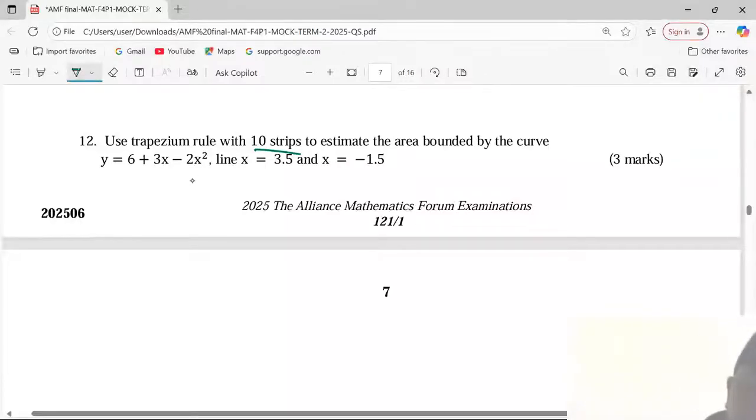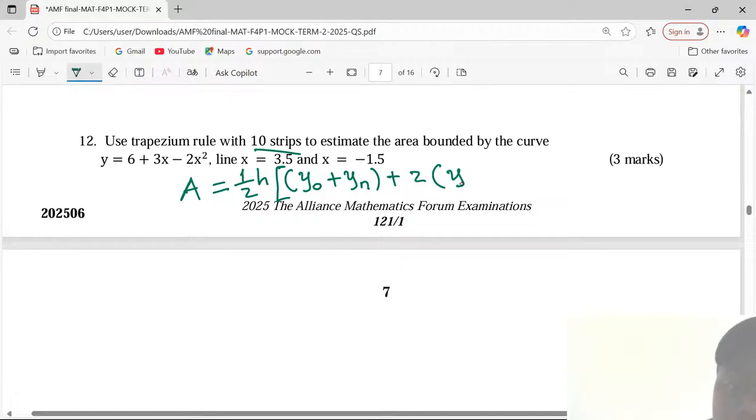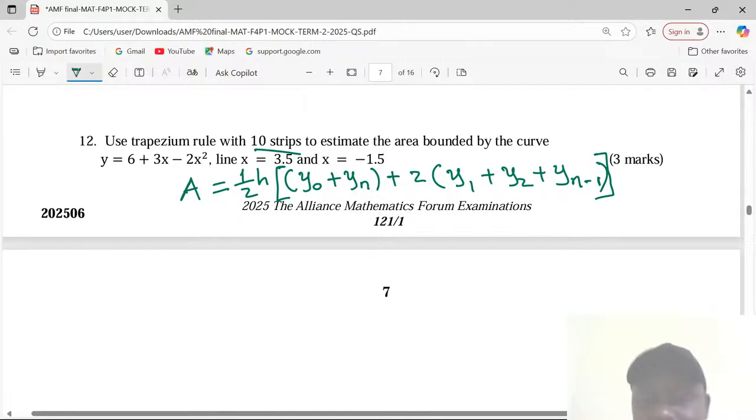One thing you're supposed to know is that the area by the trapezium rule is given by half height into the first height plus the last height, then plus 2 multiplied by all the other heights in between, up to the height just before the last one.